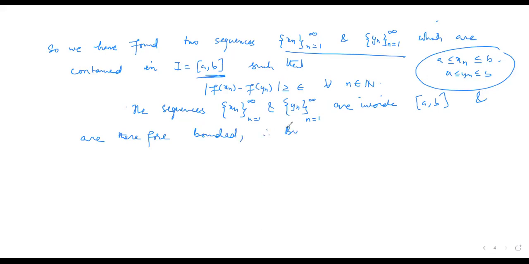Therefore, by Bolzano-Weierstrass theorem, they must have a limit point. Theorem: each bounded sequence has at least one limit point.